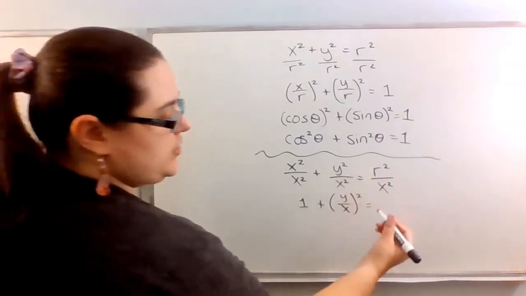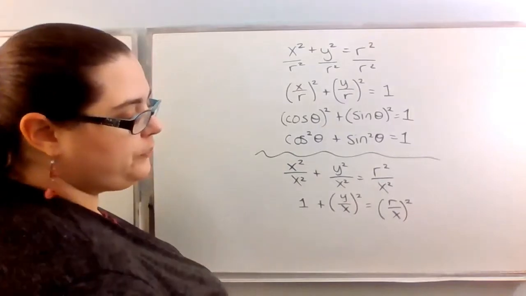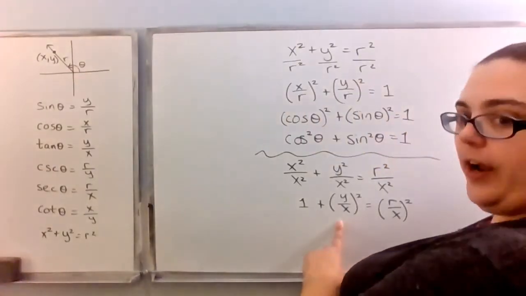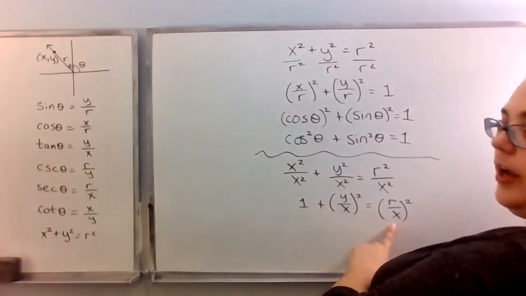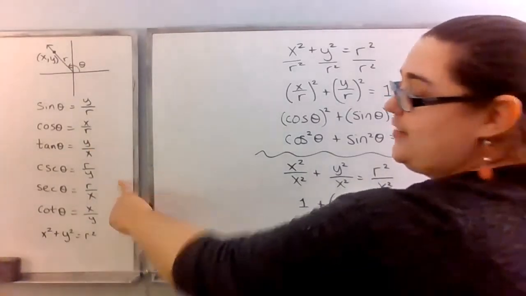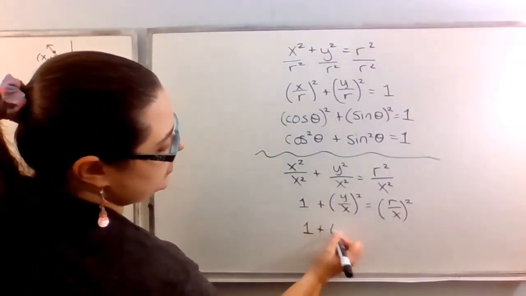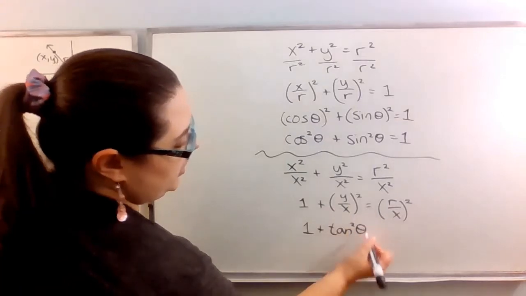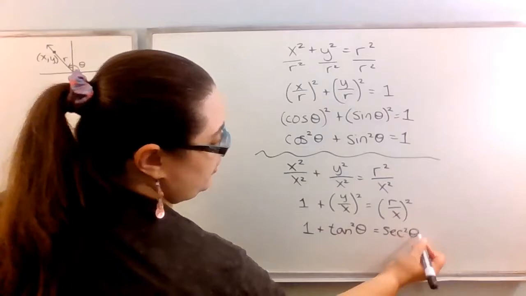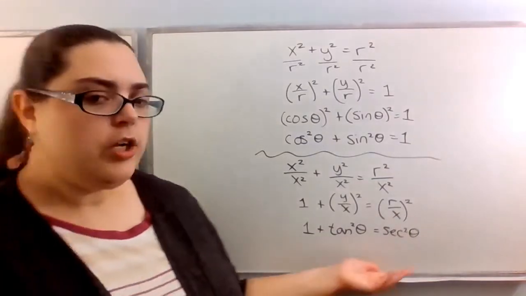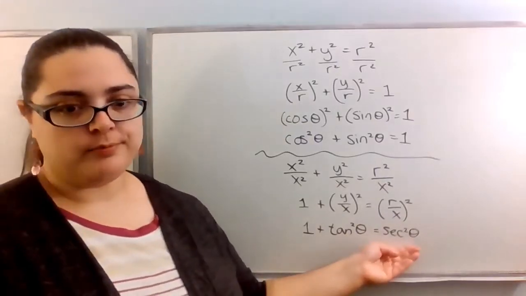And r squared over x squared, I could think of as r over x squared. Now, y over x is the same as tangent, and r over x is the same as secant. So we could rewrite this as 1 plus tan squared theta, I'm going to adopt that notation here, is equal to secant squared theta. So by dividing by x, we now get this identity.